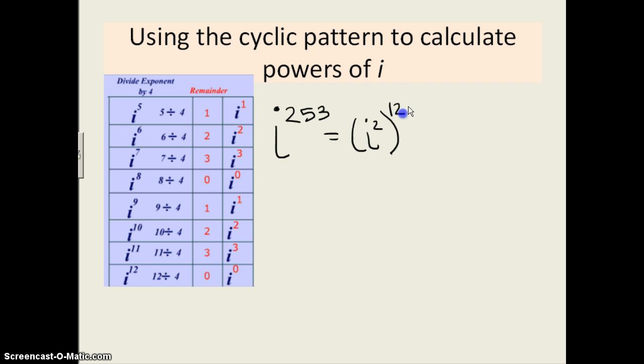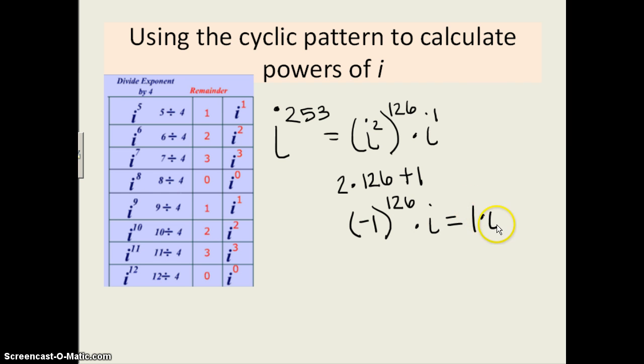Well, that looks like it would be 126, because 2 times 126 would give us 252, but then we would need one more power of i. So i squared is -1 to the 126th power times i. A negative 1 to the 126th power would be positive 1 times i, and our final answer would be i.